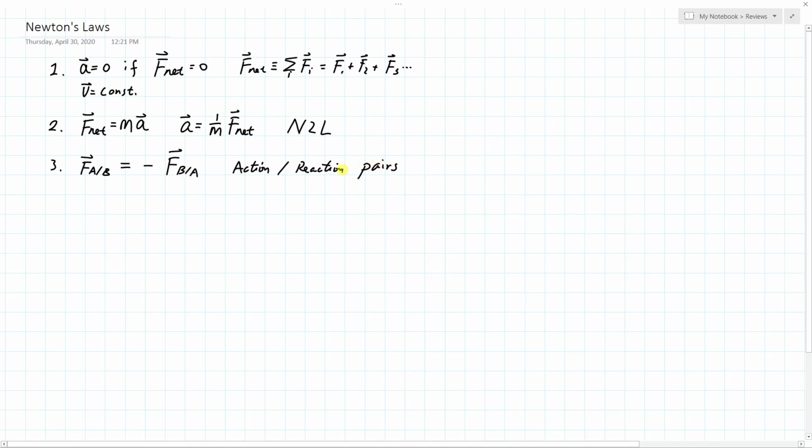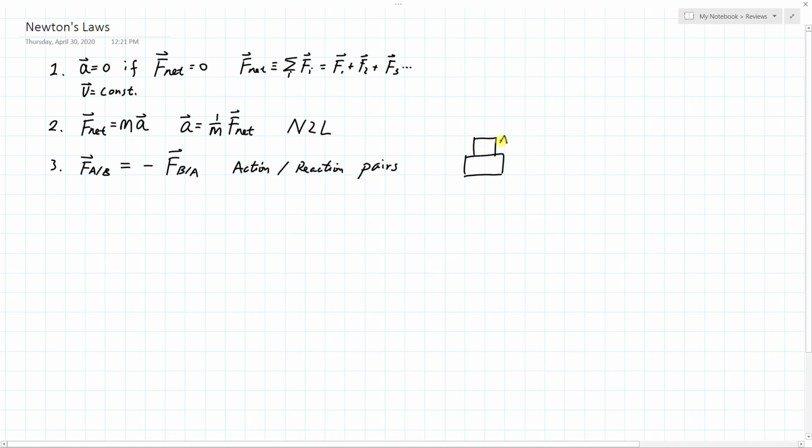So the way that this formula can be used is sometimes we need forces between objects, say objects that are stacked together against each other, a stack of two boxes. So say there's a box here, there's a box here.